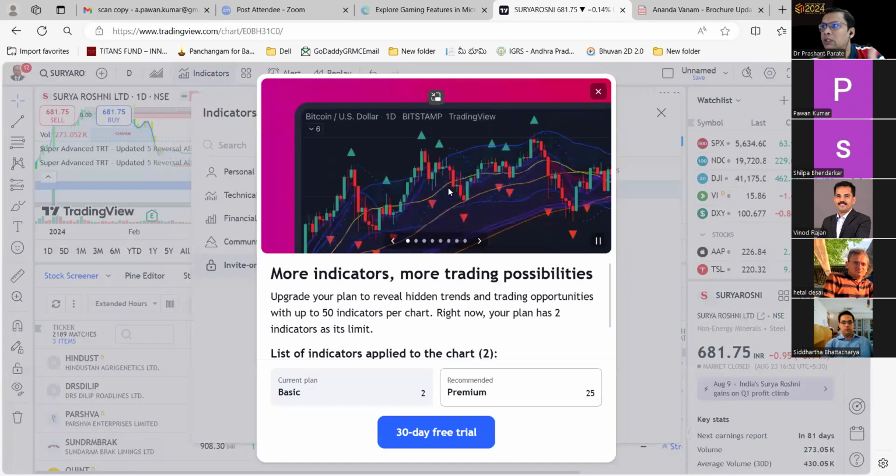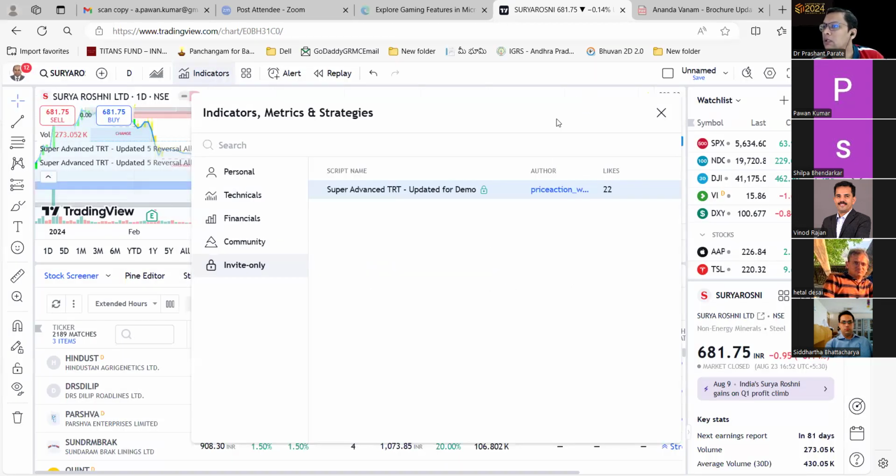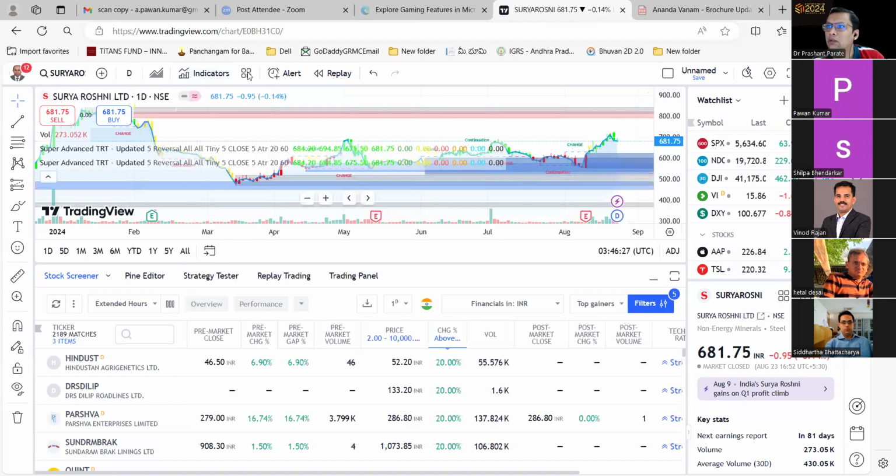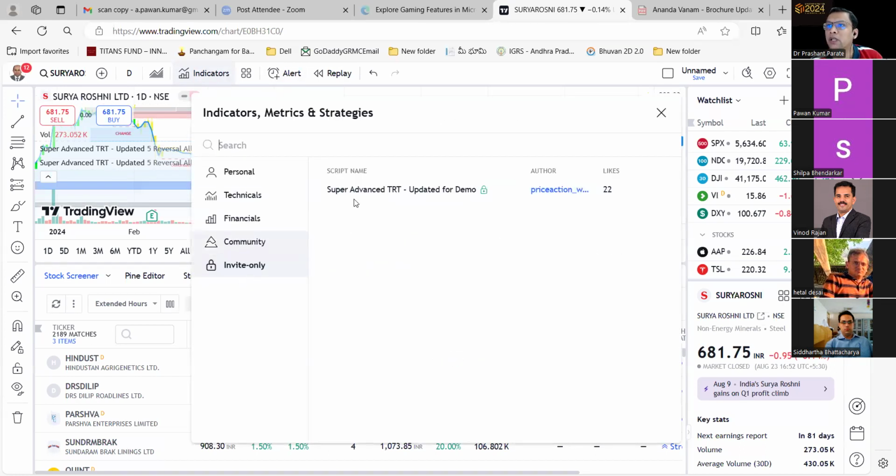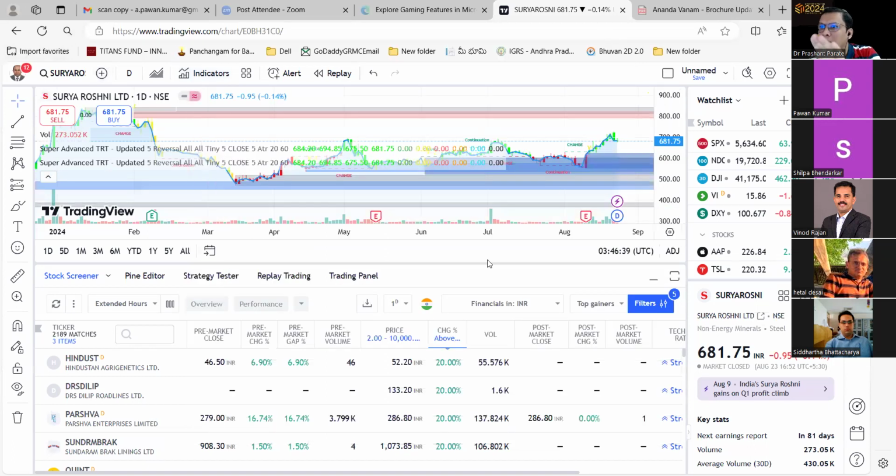It is already added on your chart. Don't click so many times. Close this. Close the indicator. Can you see that it is already on your chart? Don't do anything. Close this. Click on stock screener, left side.